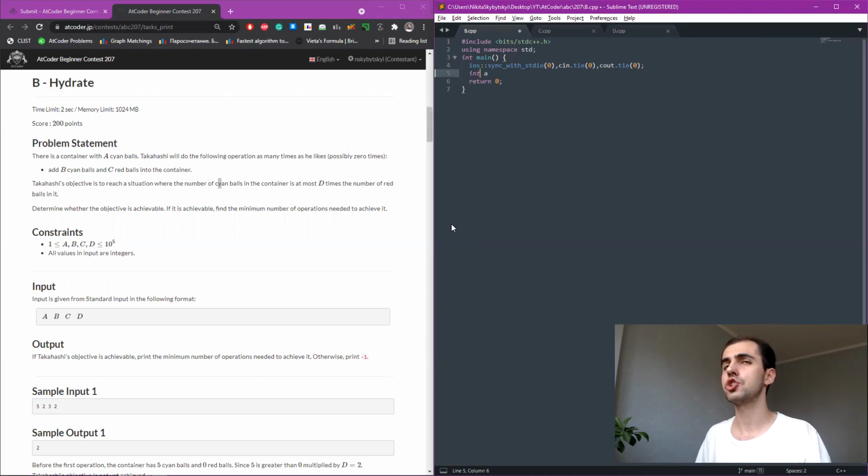Like, the ratio of B to C is greater than D or equal to D, because there is some initial value. If the ratio is smaller than D, then we are always going to win. We're always going to achieve our objective.